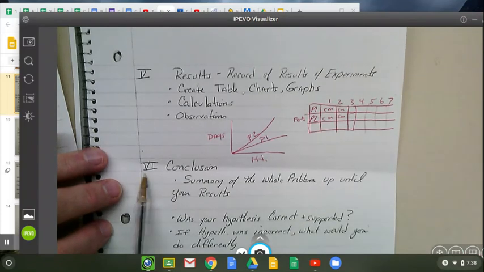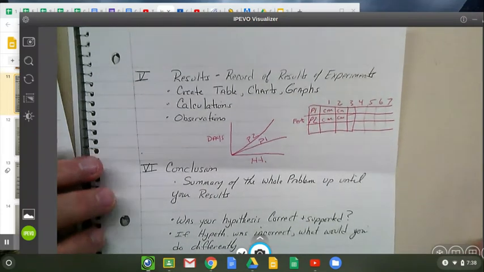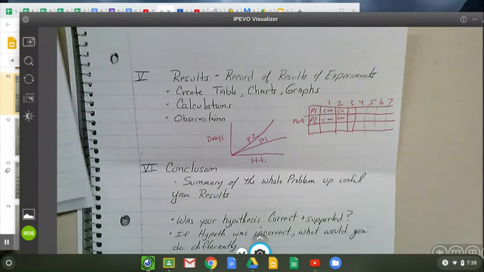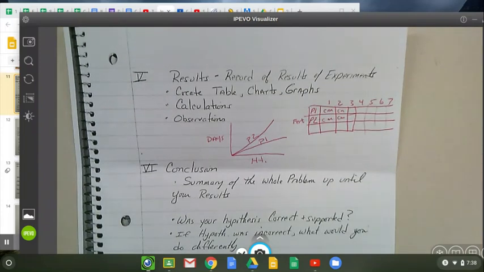And then step 6, you conclude. A conclusion is a summary of the whole problem up until your results. So I'm going to summarize the whole thing. During this experiment, I tried to see if the effects of fertilizer would have any bearing on the growth of a particular plant.